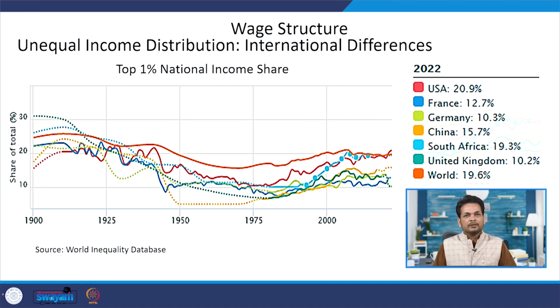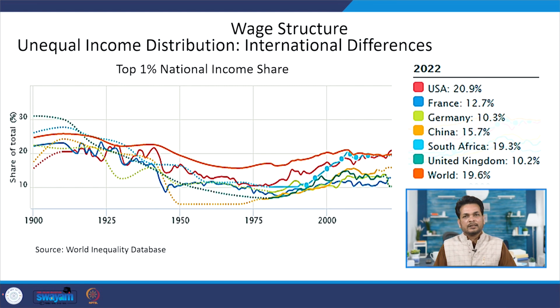In this figure, we have taken into consideration the top 1% of the population, the individuals over age 20, and their share of the national income. At the world level, you can see it is 19.6% in 2022, and this varies across the countries.